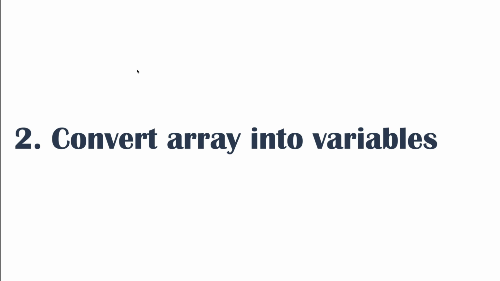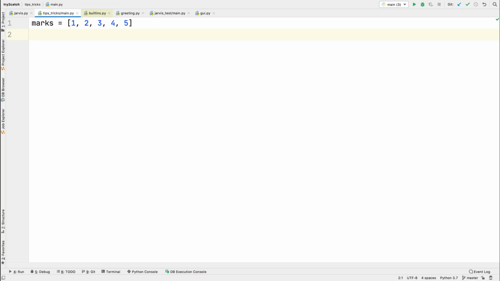The second thing which we have is converting an array into variables. So we get scenarios where we have a list and we need to save all the index values in variables. If you don't know about the trick in Python, let me show you. Now I have a list of marks and I want to save all the index values in separate variables.